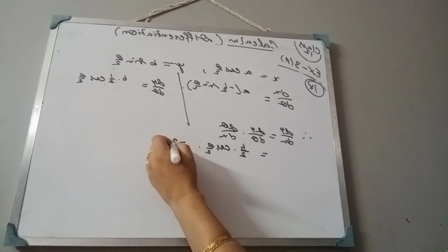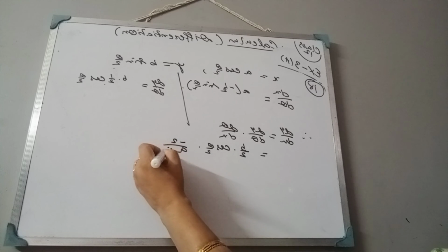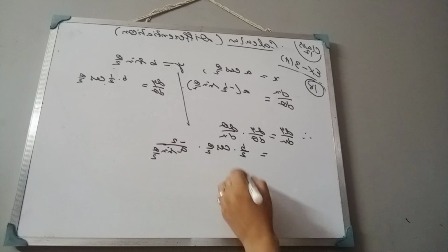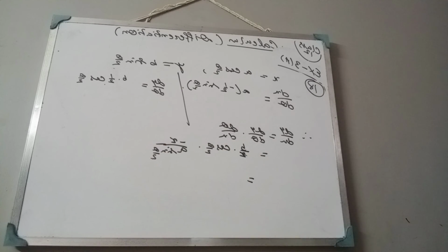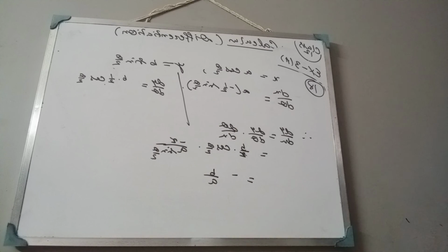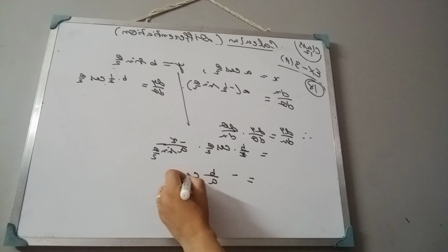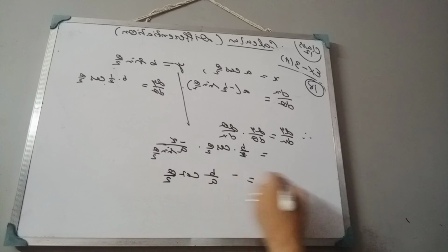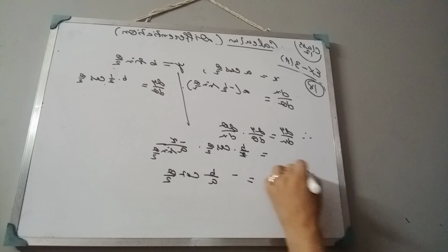Got it? So these two will be cancelled and we will get minus b by a cos theta by 2 by sine theta by 2, which means cot theta by 2. This is the answer. Dy/dx is this.